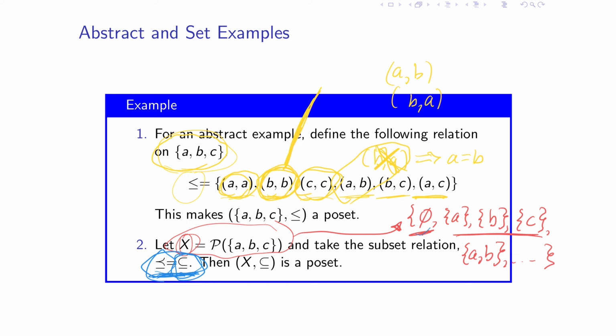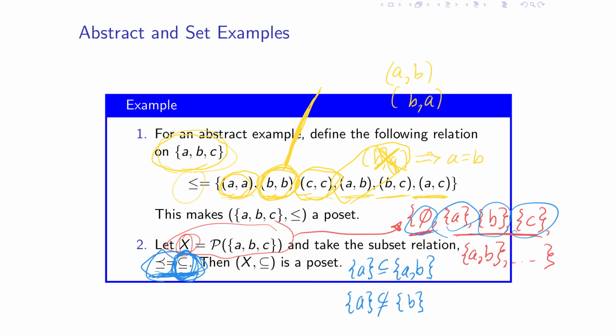Each one of these is a subset of the set ABC. But don't get that notion of subset confused with this relation, where we're also going to talk about the set A being a subset or not of other things here. For instance, A is a subset of AB, but it is not a subset of, let's say, B by itself.